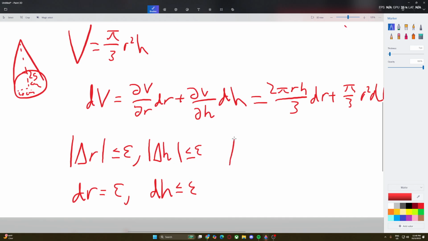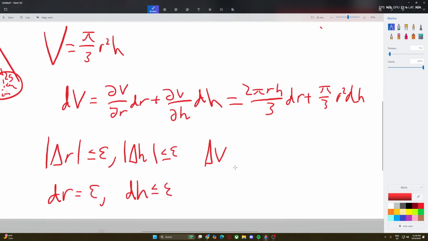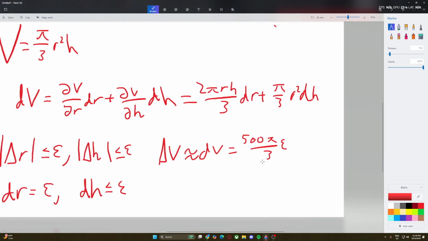So the increment of the change in V is approximately dV, which if we plug in the numbers for r and h, we get 500 pi over 3 epsilon because of dr, plus 100 pi over 3 epsilon, which equals 200 pi epsilon.